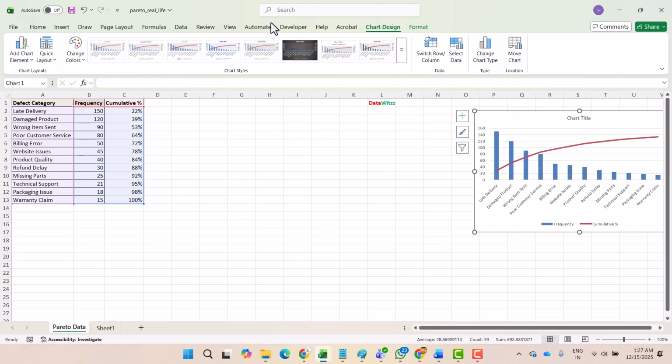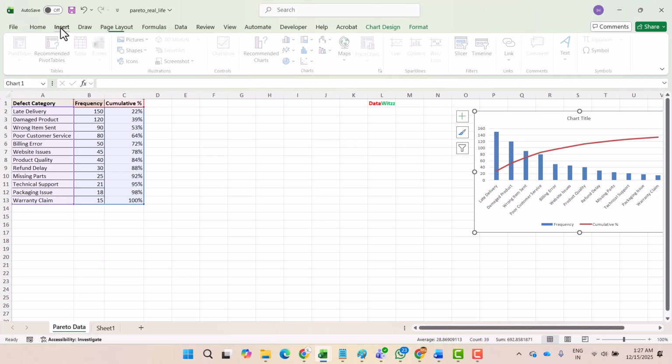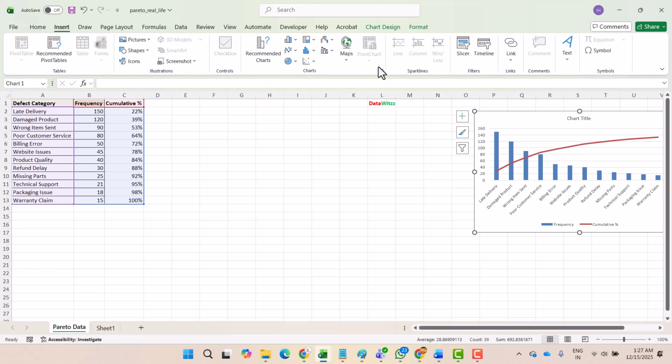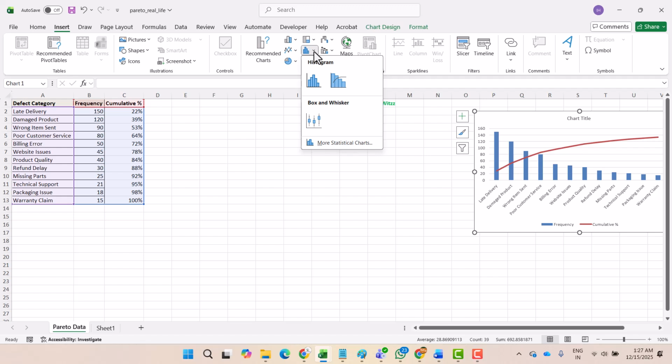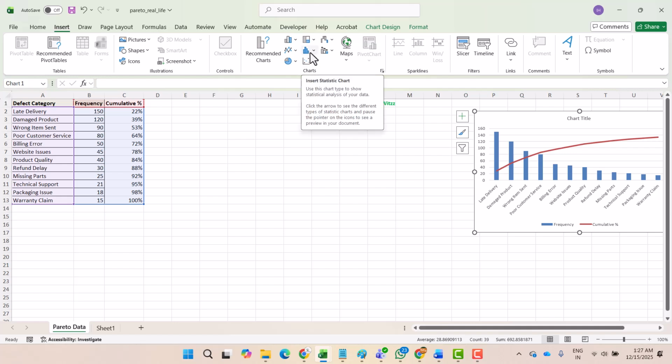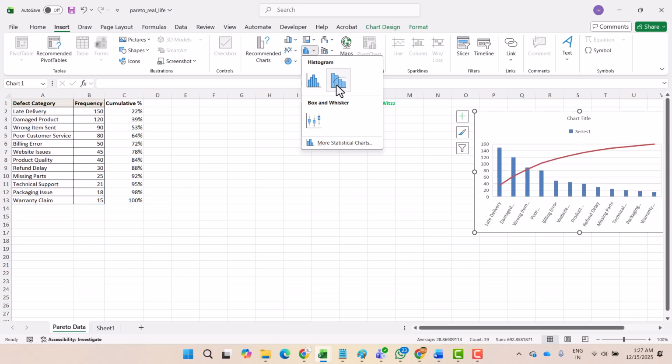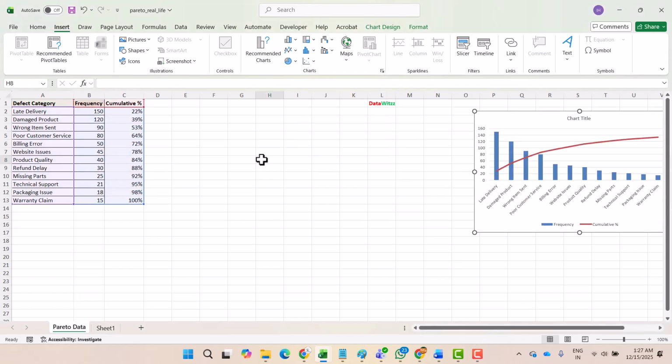There is another, easier way, that is the default option available in Excel. If you go to the Insert option, then go to the charts, then the option Insert Statistic Chart, here you have the second option. You can create the chart that way.